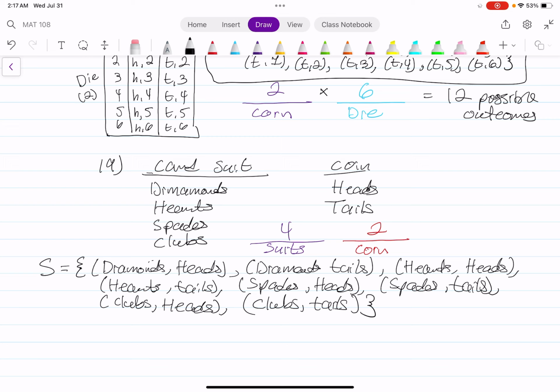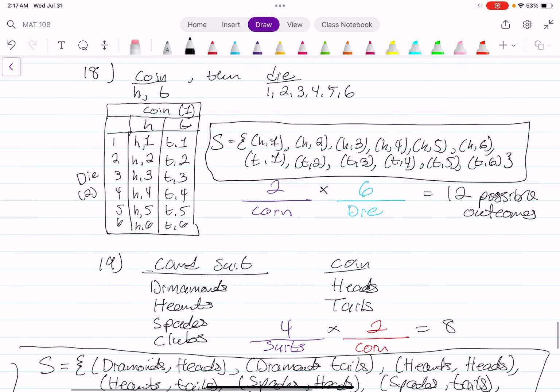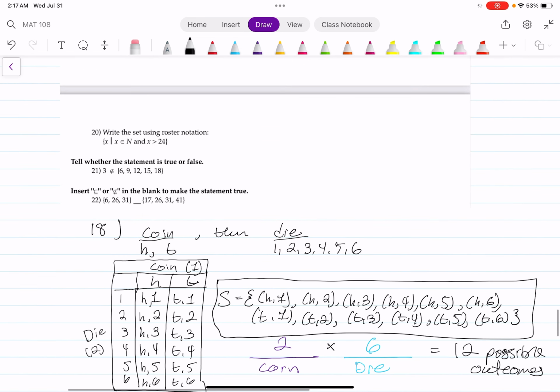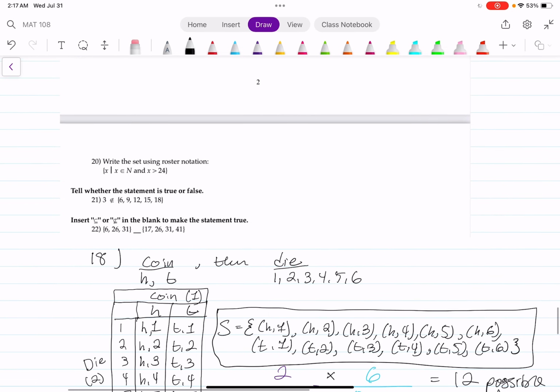And for the final number of outcomes, we multiply and we get 8. 8 possible outcomes. But once again, I do want to box the final answer. I'm going to leave it here.